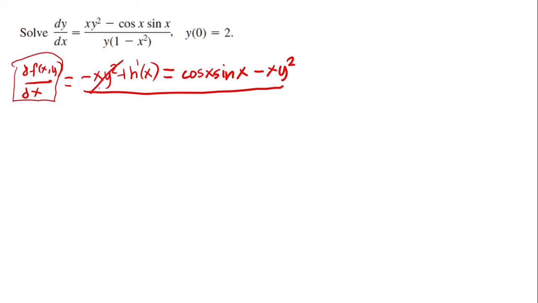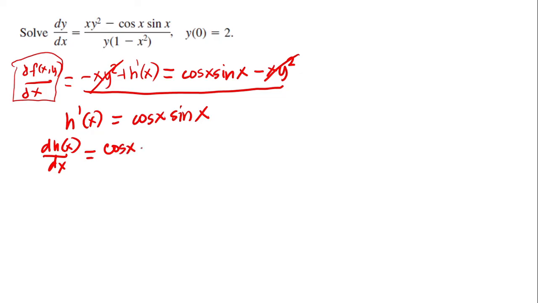Cancel negative x y squared and what remains is h prime of x equals cosine x sine x. We transform this h prime of x to its equivalent Leibniz notation: dh of x over dx equals cosine x sine x.